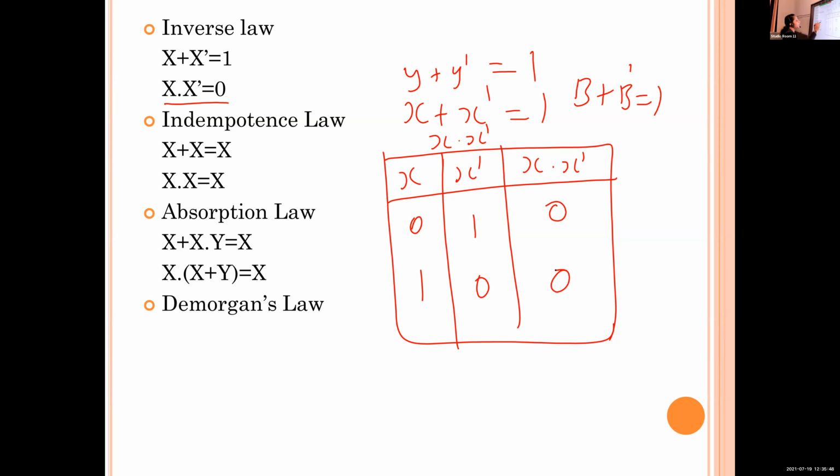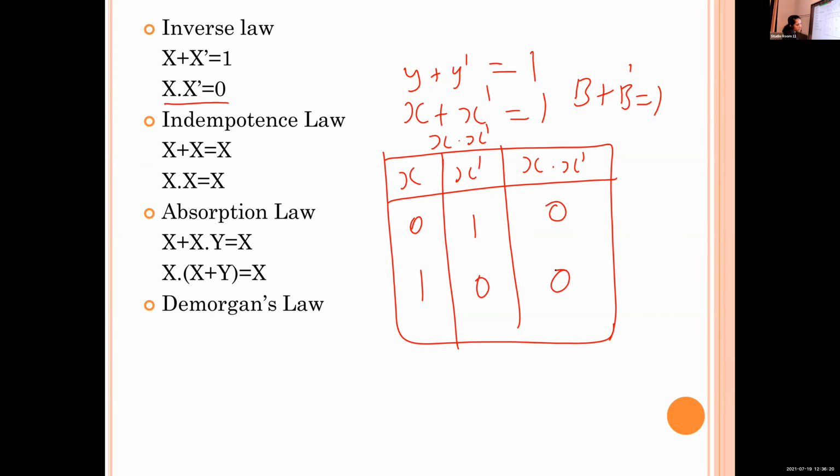If the value of X is 0, the X complement is 1. If X is 1, X complement is 0. So when we multiply these two terms, the result is always 0. That is the second inverse law. The first inverse law is X plus X complement is equal to 1, and the second, based on the AND gate, is X dot X complement is equal to 0.